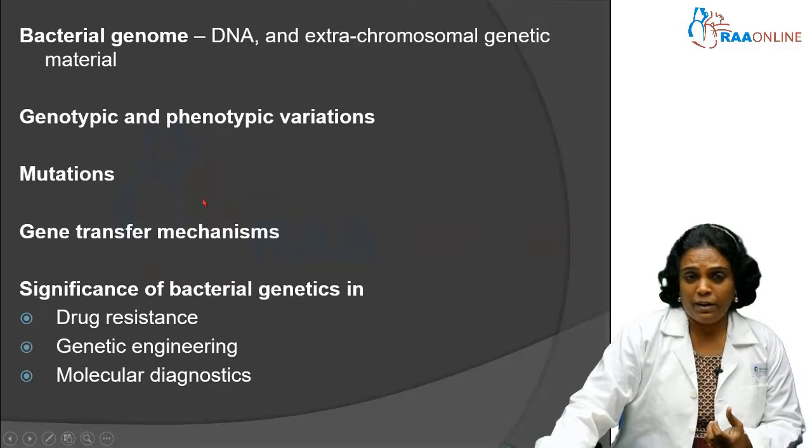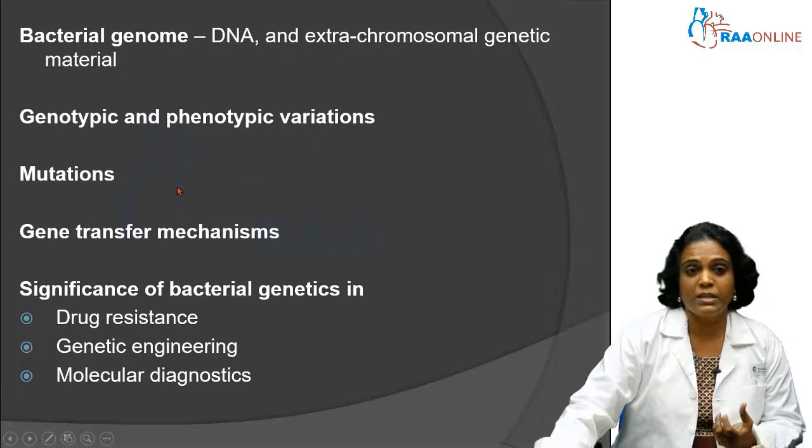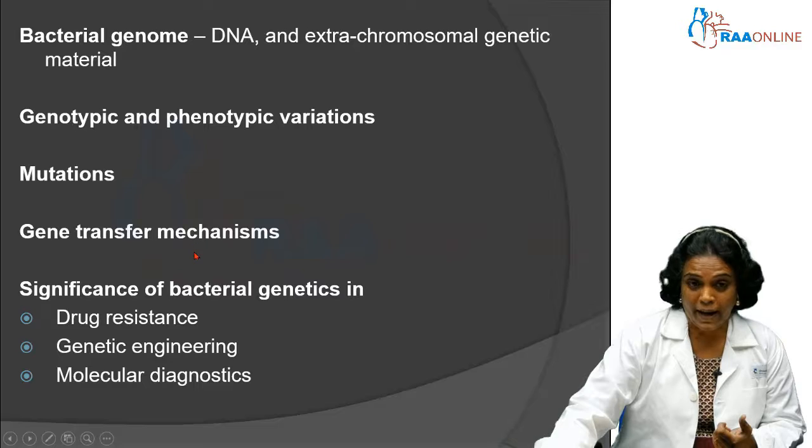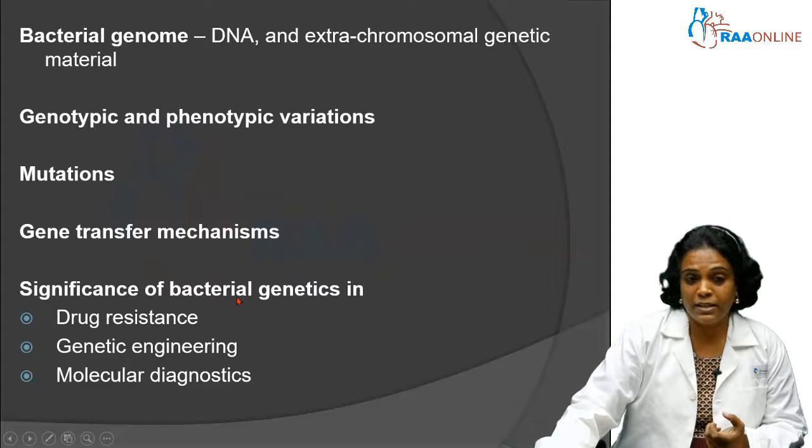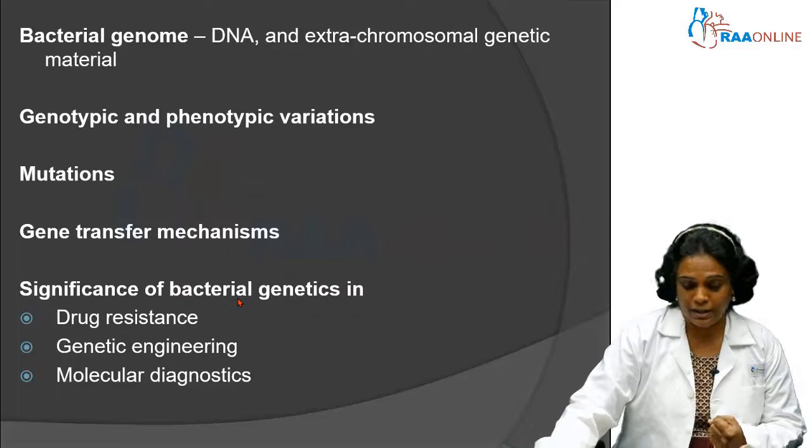In this topic, we'll be talking about the genotypic and phenotypic variations, the various mutations, and the various gene transfer mechanisms, and also the significance of bacterial genetics in drug resistance, genetic engineering, and molecular genetics.